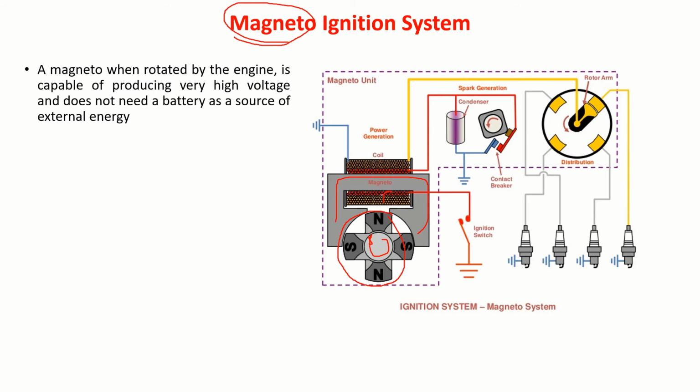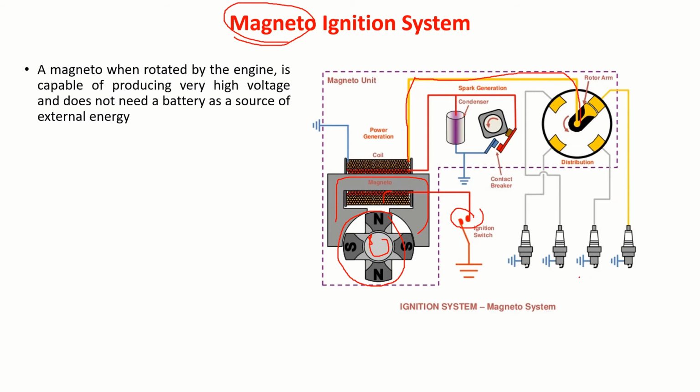Here also you have the ignition switch. Also, please remember that again you have a condenser. Also, you have a contact breaker point which works in a similar way to induce very high voltage. So the high voltage is again taken out from here and given to the distributor.